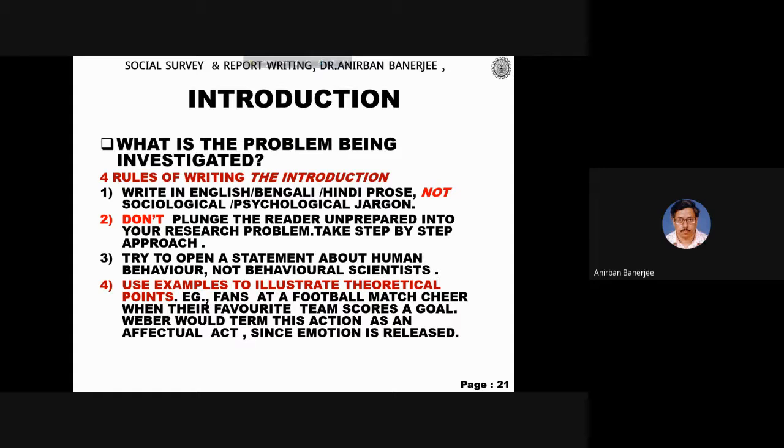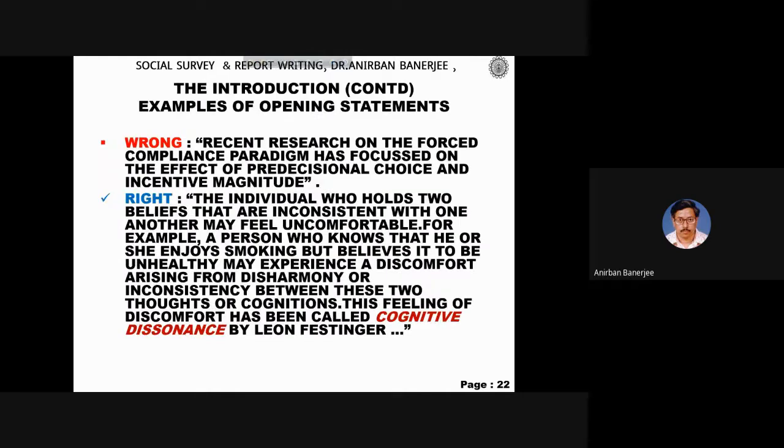Fourthly, use examples to illustrate theoretical points. Example: fans at a football match cheer when their favorite team scores a goal. Weber would term this action as an affectual act since emotion is released. How do you open a statement?